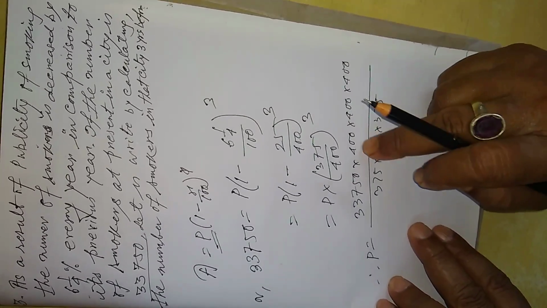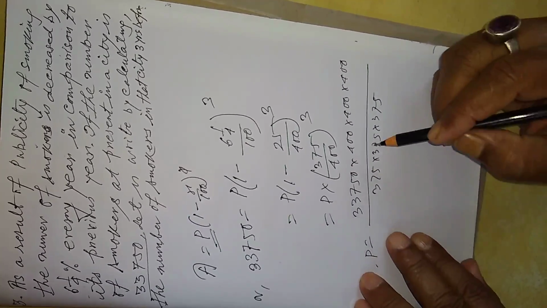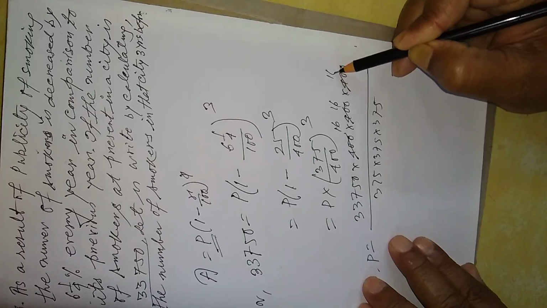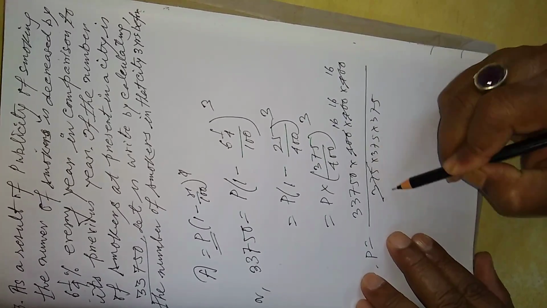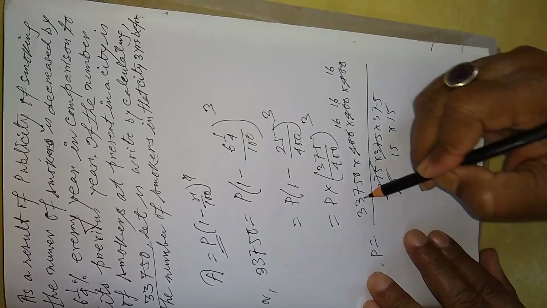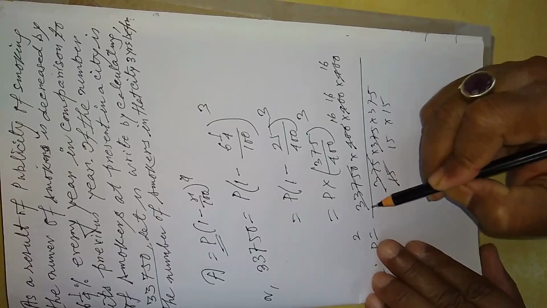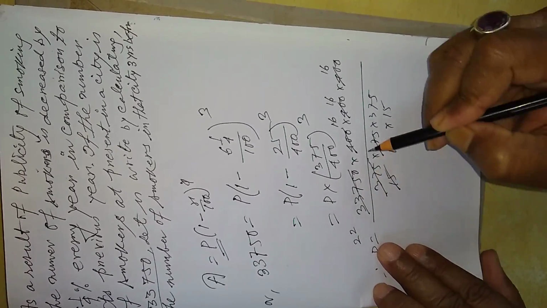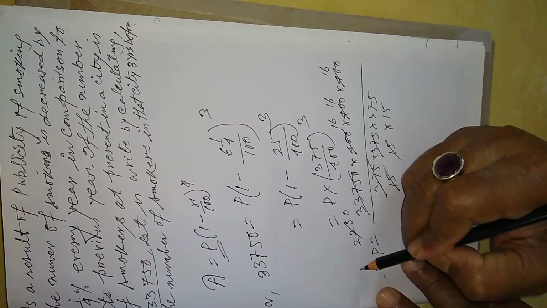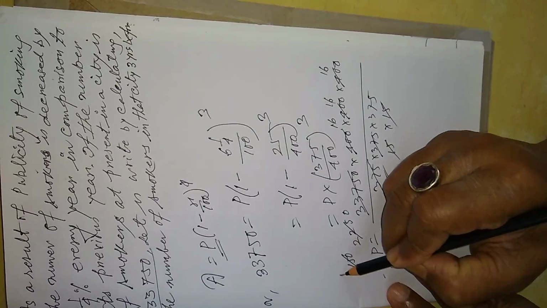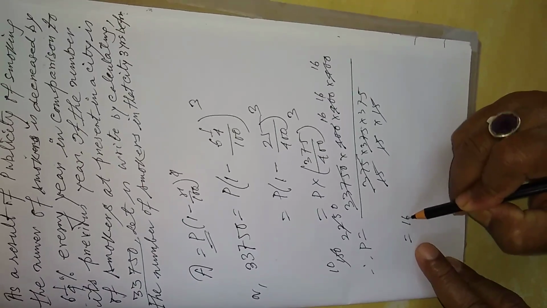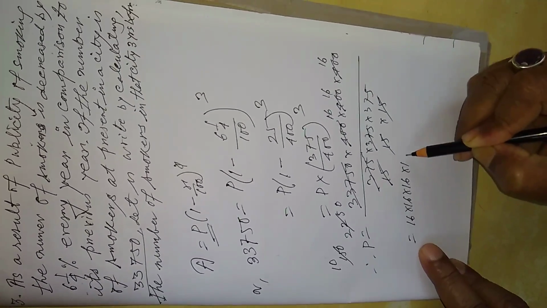You have to cut 400 and 375 by their highest common factor. The highest common factor here is 25. 25 into 16, that is 400, and 25 into 15, that is 375. 15 into 30 is 450, 15 into 75 is 1125... and 33750 divided by 375 leaves 90, so we cancel down to 10. So 16 into 16 into 16 into 10.